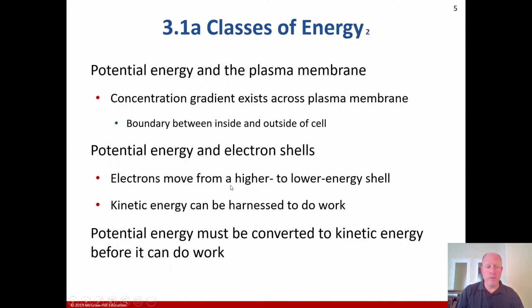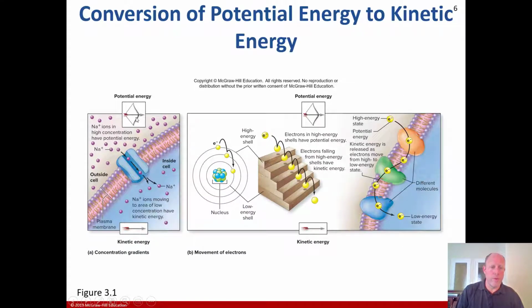Potential energy in electron shells: electrons move from a higher to a lower energy shell, generally speaking. Kinetic energy can be harnessed to do work. Potential energy must be converted to kinetic energy before it can do work. So here we have potential energy, referring to the sodium ions that are in high concentration in the extracellular fluid outside the cell, in a higher pressure area. Consequently, they are going to try to go into the lower pressure area, which is inside the cell.